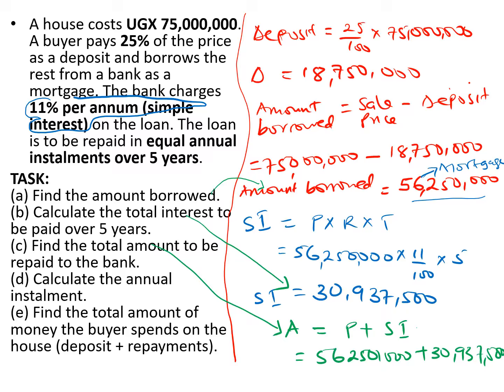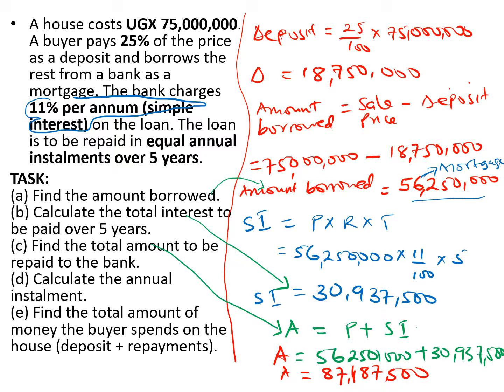The final answer is amount equal to 87,187,500. So this will be the total amount that will be paid to the bank.